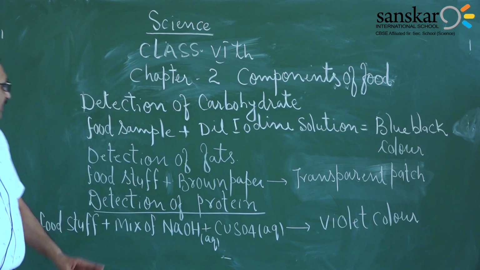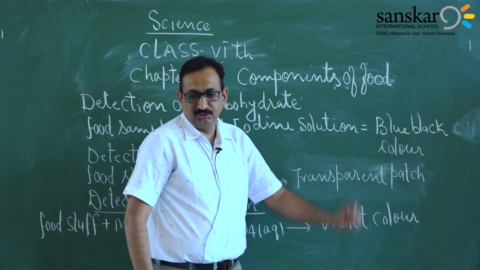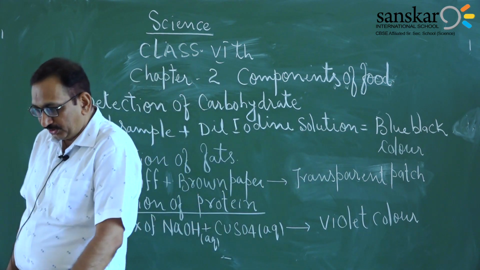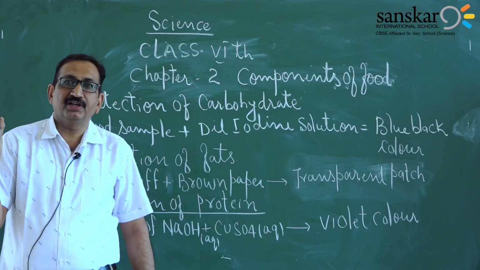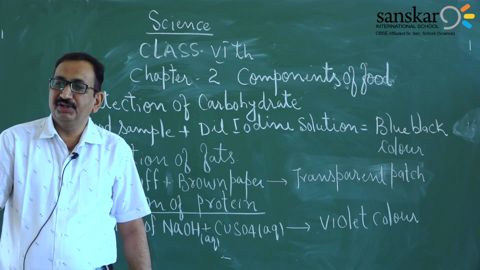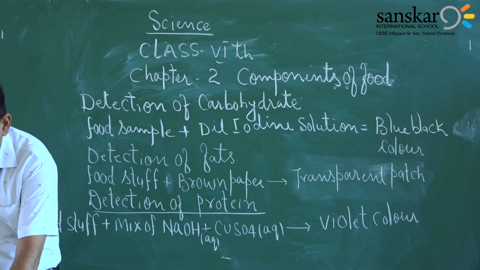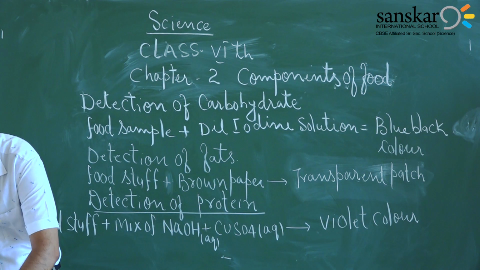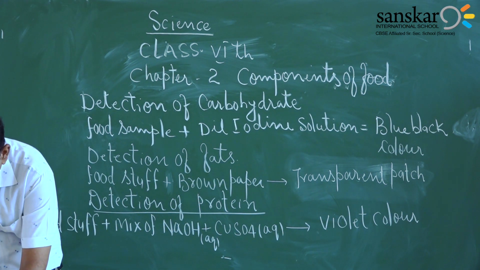So students, here it is written: food sample plus dilute iodine solution. Where is the dilute iodine solution, students? This bottle. In this bottle we have the iodine solution. We have to put 2 or 3 drops only. How many drops? Only 2 drops.